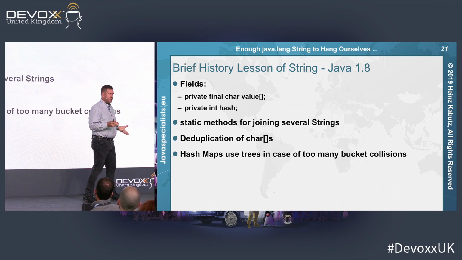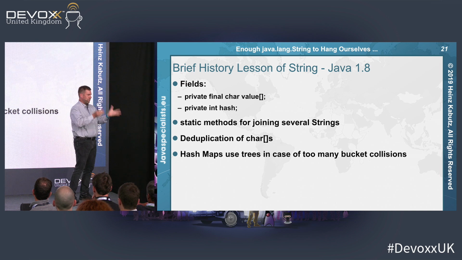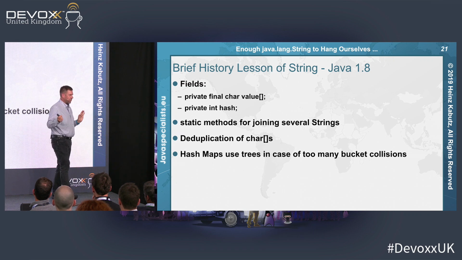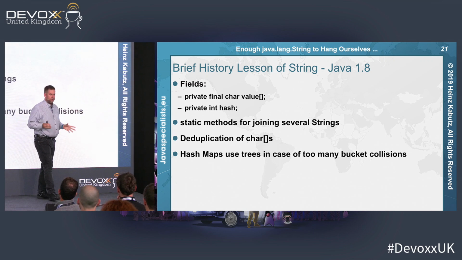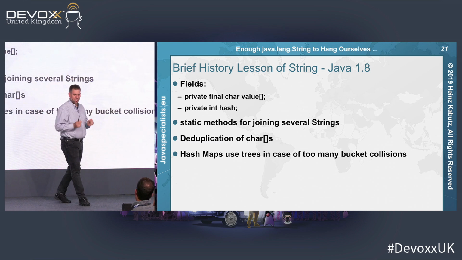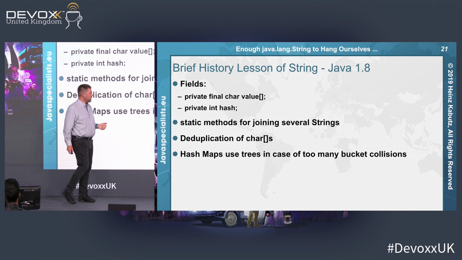When the class is loaded, Java checks whether it has already seen that devox before, and if it has, it pulls that instance out of the shared table and uses that going forward. So multiple classes with the same string share the same string object. That's all shared, and we call this intern.